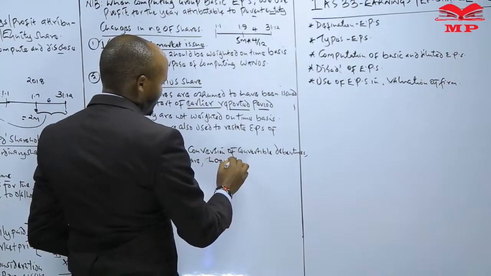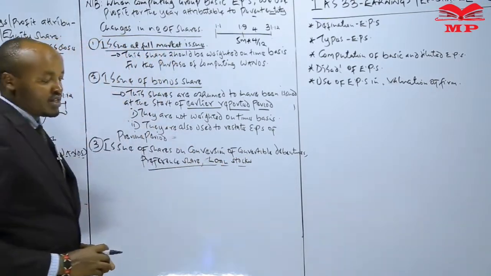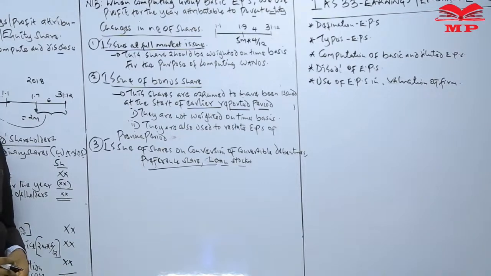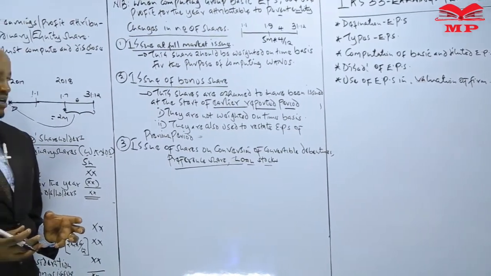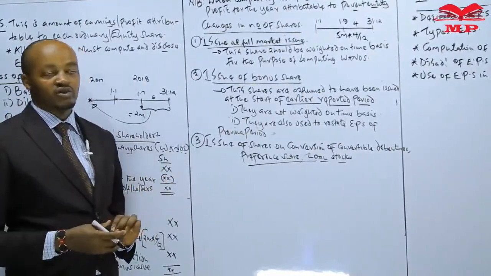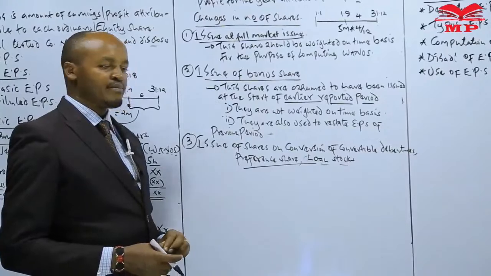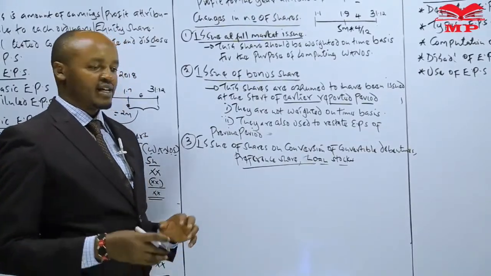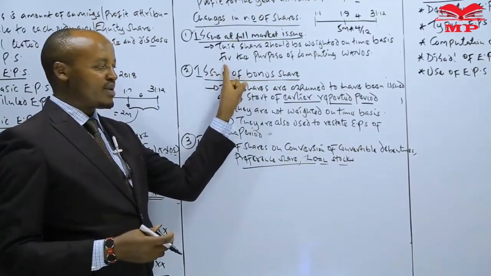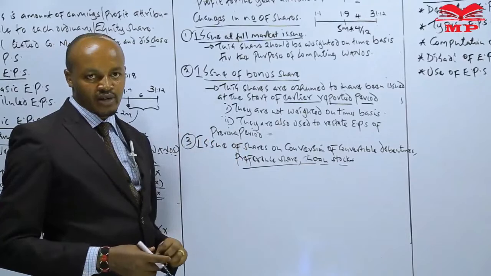Now, when we talk about these convertible financial instruments, these are financial instruments whose holders have the right to convert them into ordinary shares. When we have ordinary shares issued by the company on conversion, those shares are treated as shares having been issued at full market price, and therefore those shares issued on conversion, we are supposed to weigh them on a time basis.